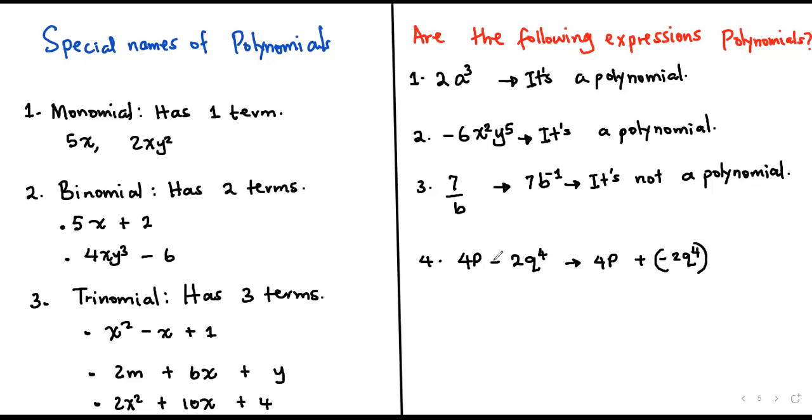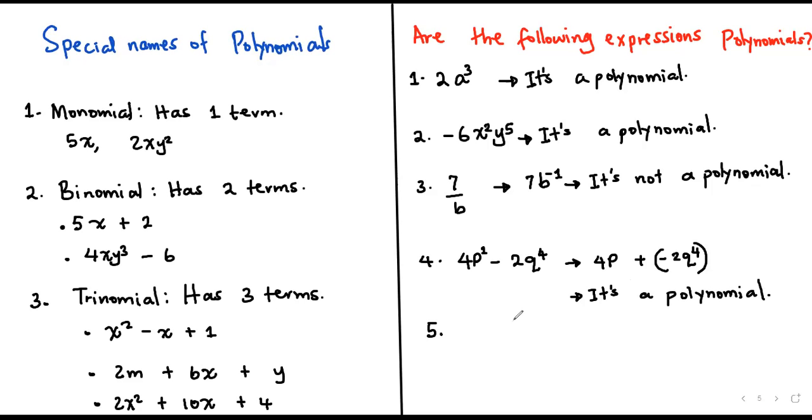Also, we see that the exponents are positives. The exponent of p is positive 1, and the exponent of q is positive 4. So since it can be written as addition of two monomials and the exponents are positives, then we say that it is a polynomial.